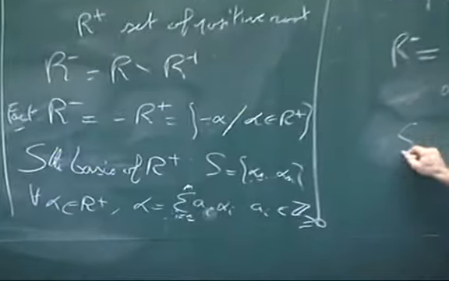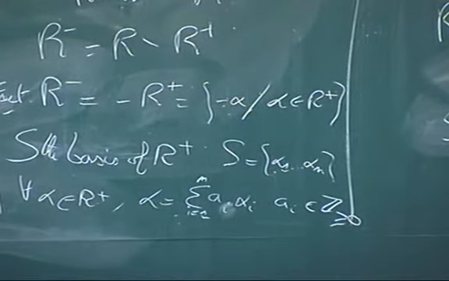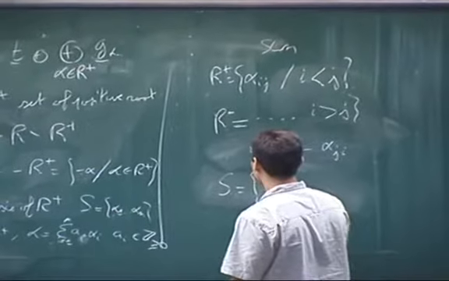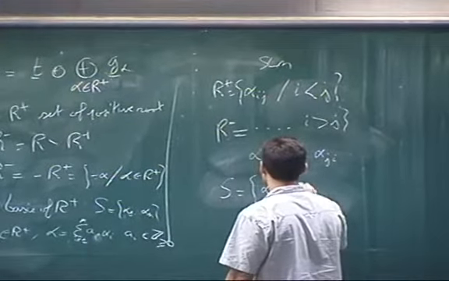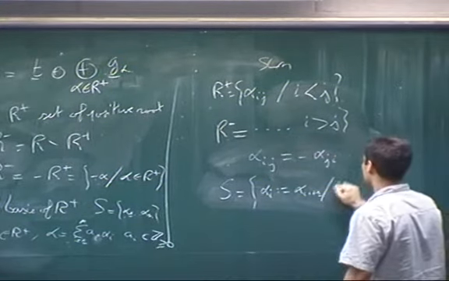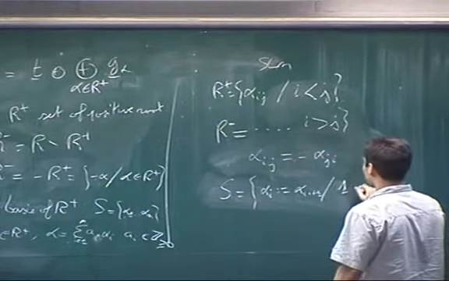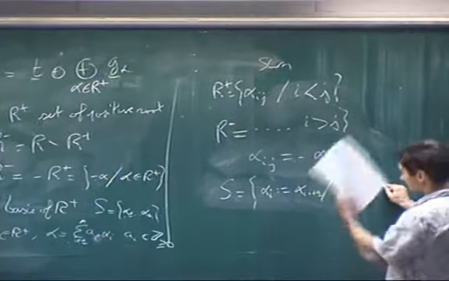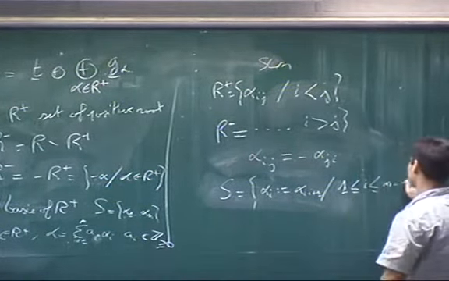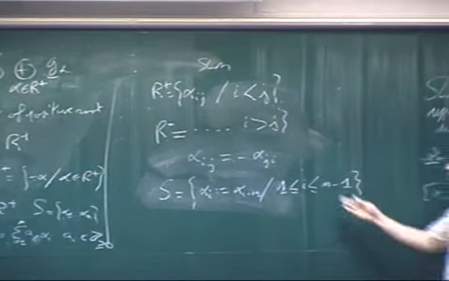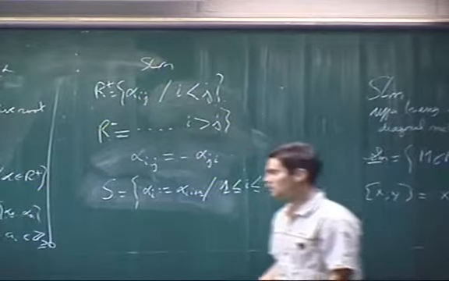So in that case, we can choose the set of α_i − α_{i+1} for i between 1 and n−1. So in that case, we will have only n−1 simple roots.